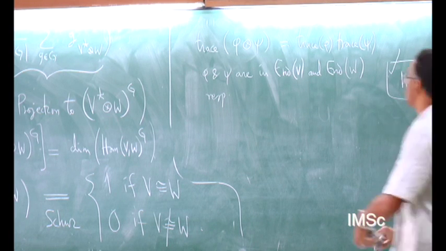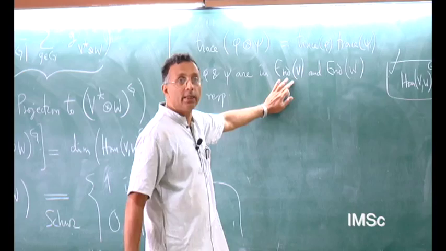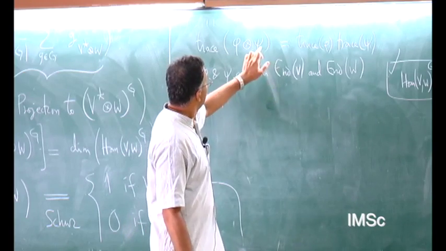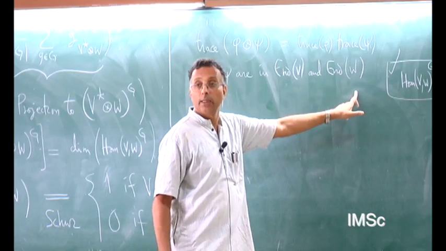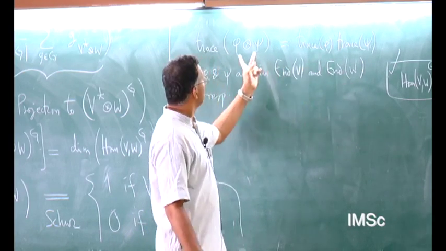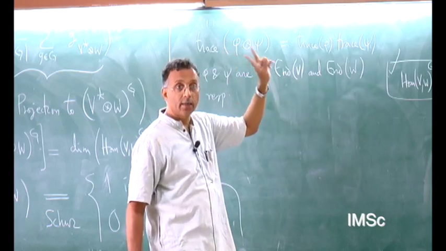So this makes sense. If phi is in End V, a linear transformation from V to V, and psi is a linear operator on W, then phi tensor psi is a linear operator on V tensor W.